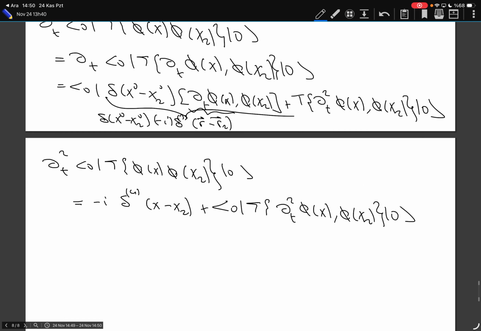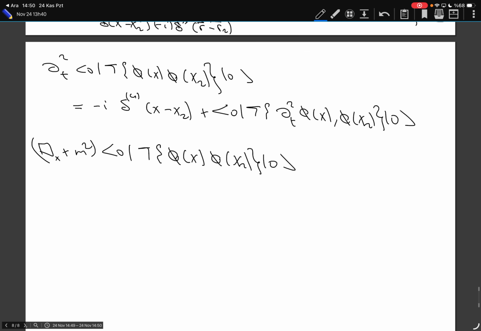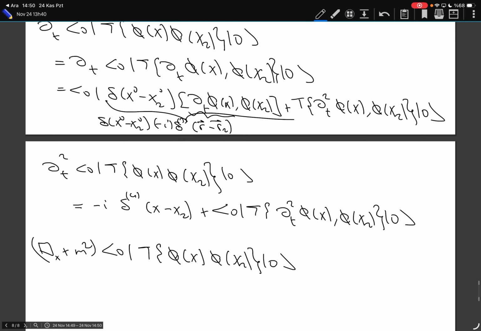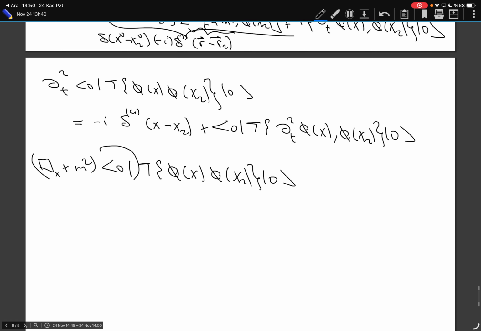So what does this lead to? Well, this operator plus m squared acting on this time-ordered product is actually equal to, in fact, I don't even need this matrix element.